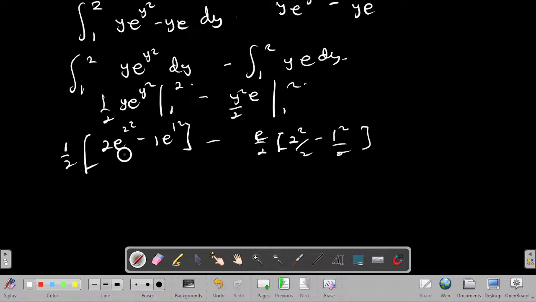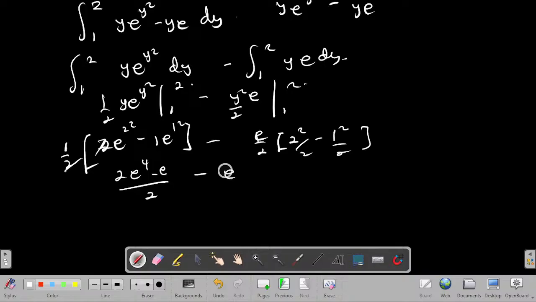So y squared becomes 2 squared, so 4. So this is minus e. So 2e to the power 4 minus e over 2, minus this gives over 2 is 2. 2 minus half is simply 3 over 2.